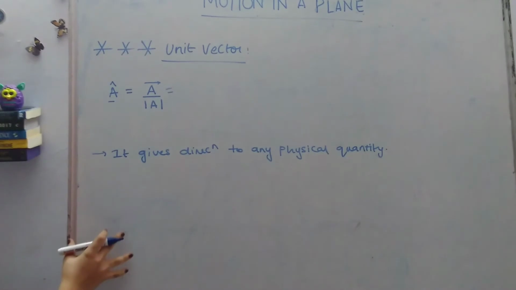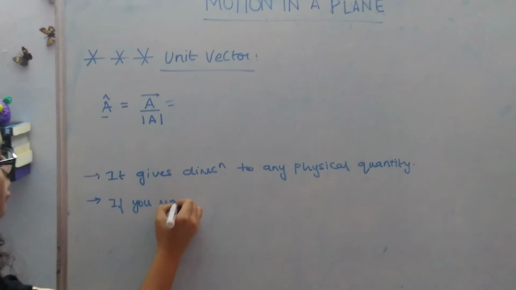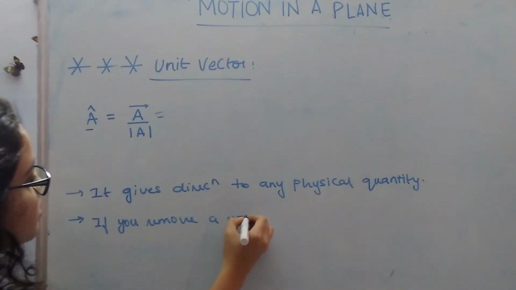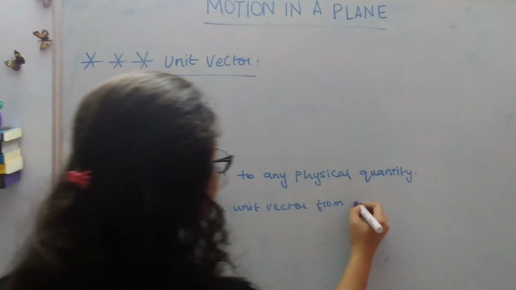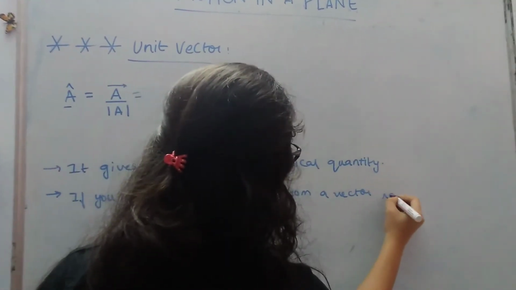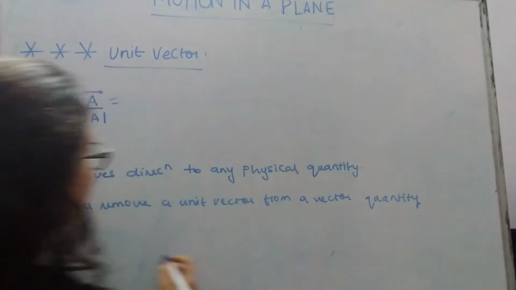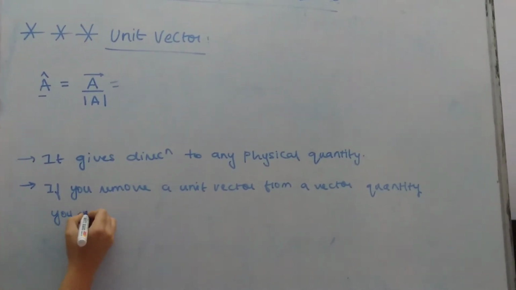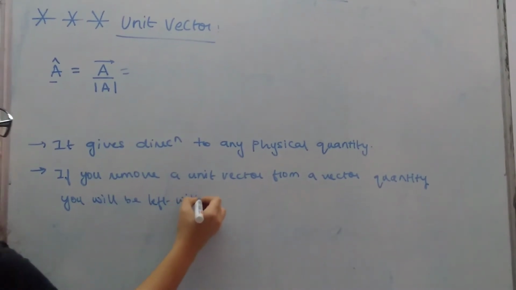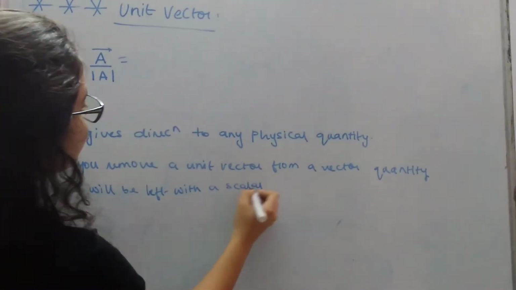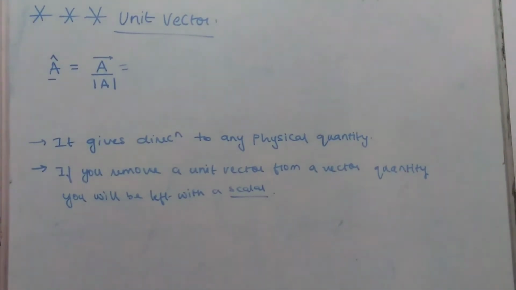That basically means that if you remove a unit vector from a vector quantity, you will be left with a scalar. That means you will have no direction. I have said this before, but this is how you will put it into wording.